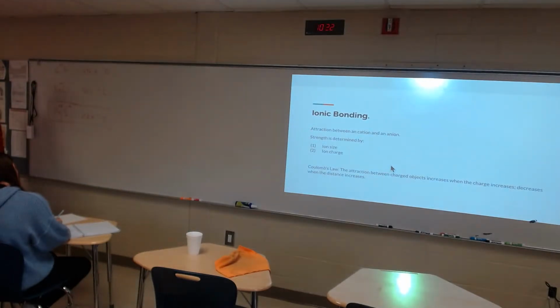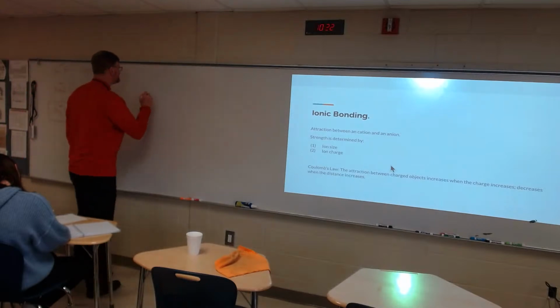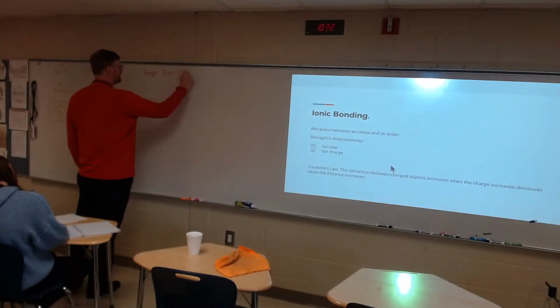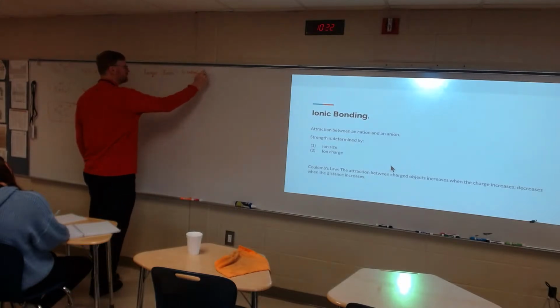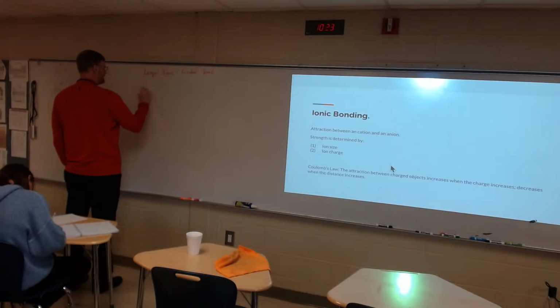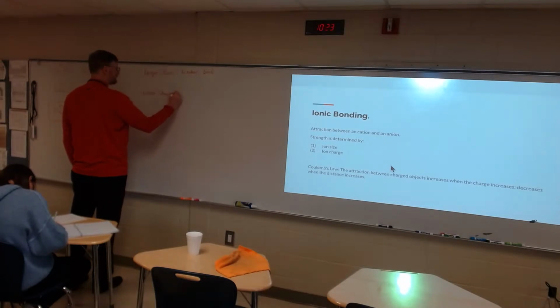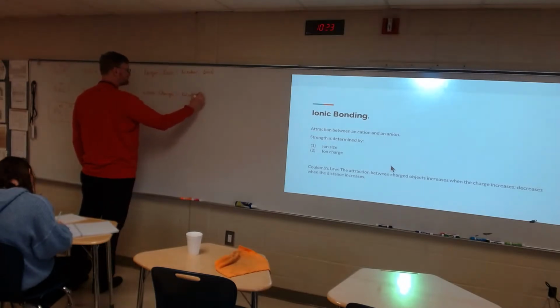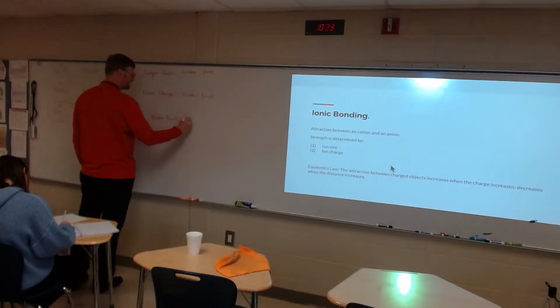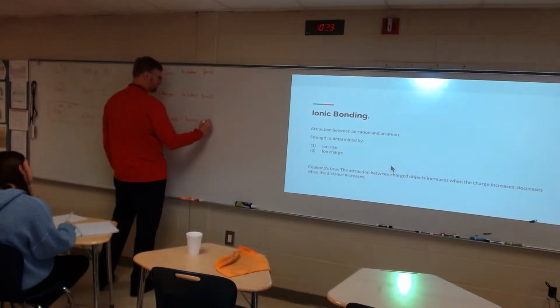So what we're saying here is that larger ions make for a weaker bond. Lower charges make a weaker bond. A weaker bond is going to be a lower melting point.